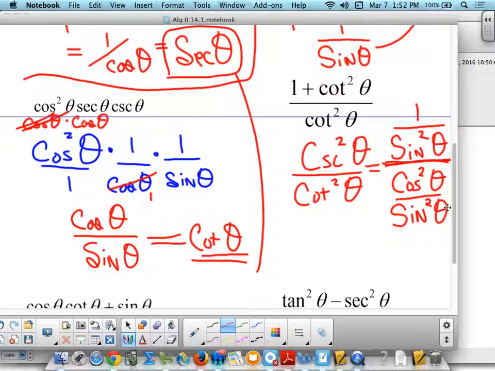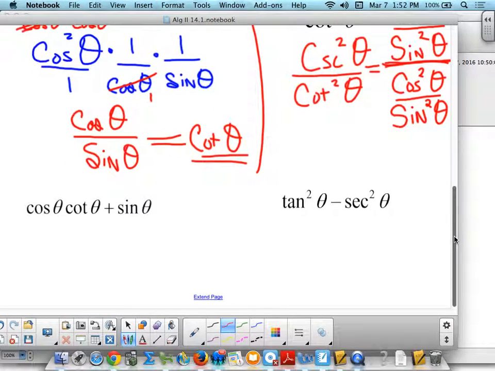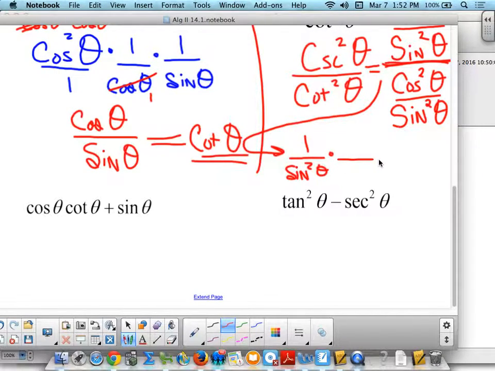How do you treat division? You don't divide. You take the numerator, which was 1 over what? Sine squared theta, times the reciprocal: sine squared theta over cosine squared theta. So what do you notice about the sine squareds? They can cancel out.